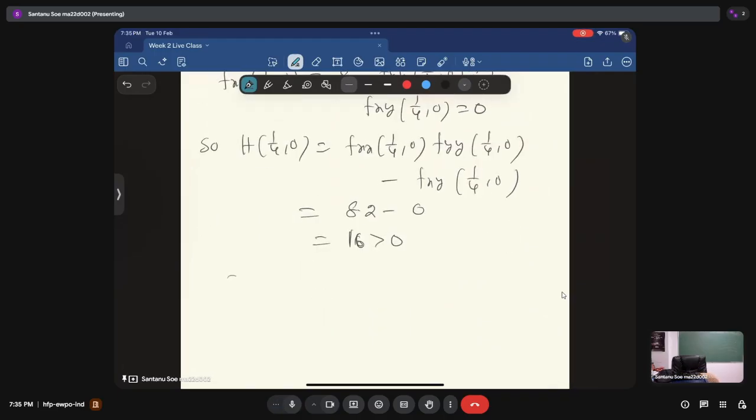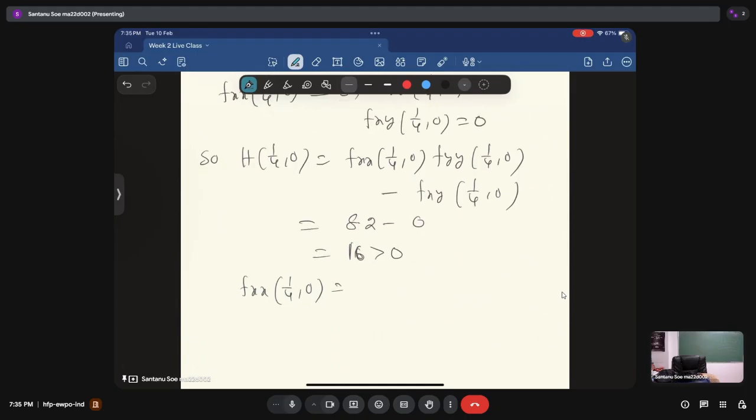And again, f_xx at 1 by 4 comma 0 is 8, which is greater than 0. So 1 by 4 comma 0 is a point of local minima.